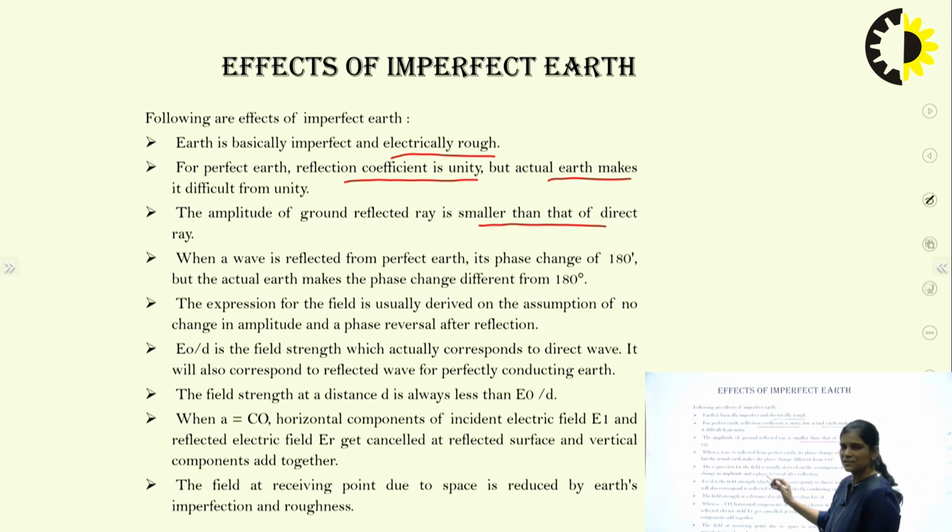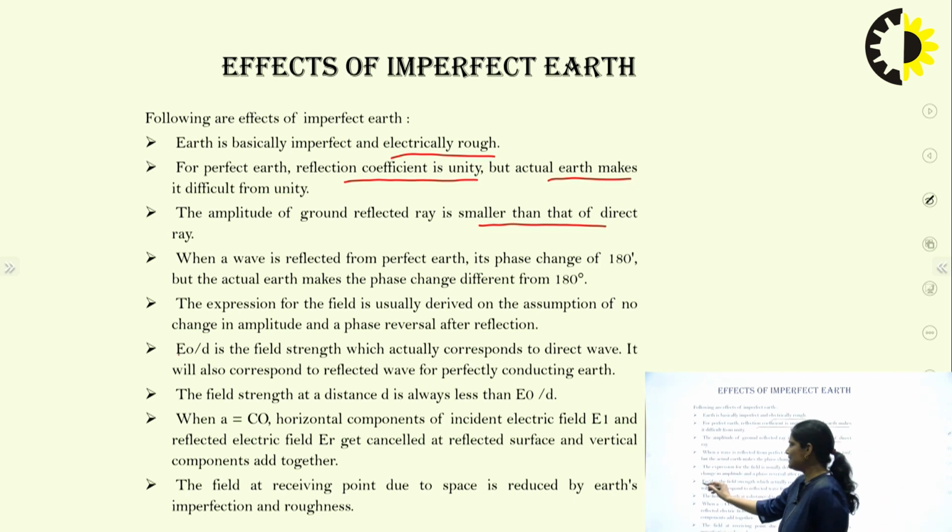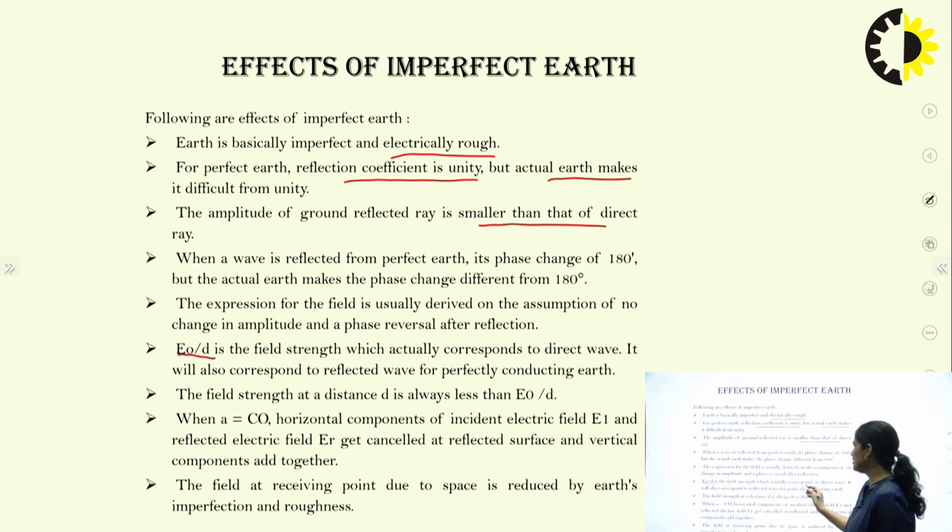So the expression for the field is usually derived on the assumption of no change in amplitude and phase reversal after reflection, and E0 by D is the field strength which corresponds to the direct wave. It also corresponds to the reflected wave for perfectly conducting earth.